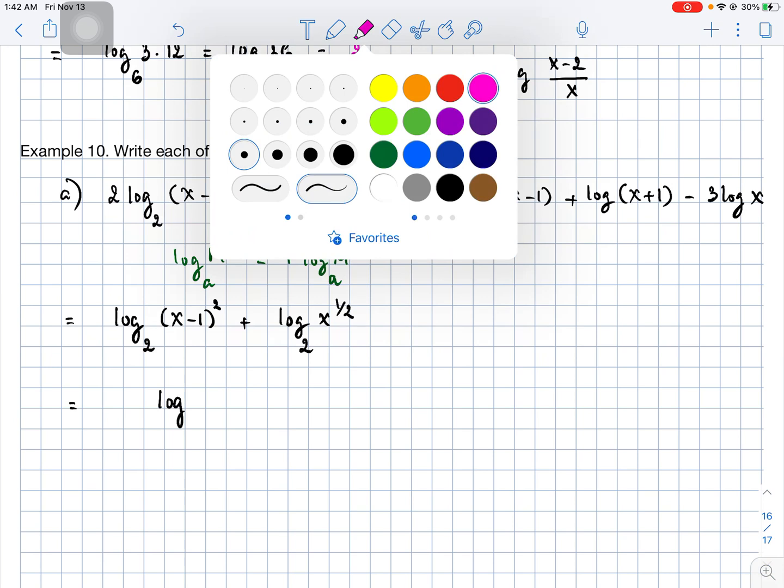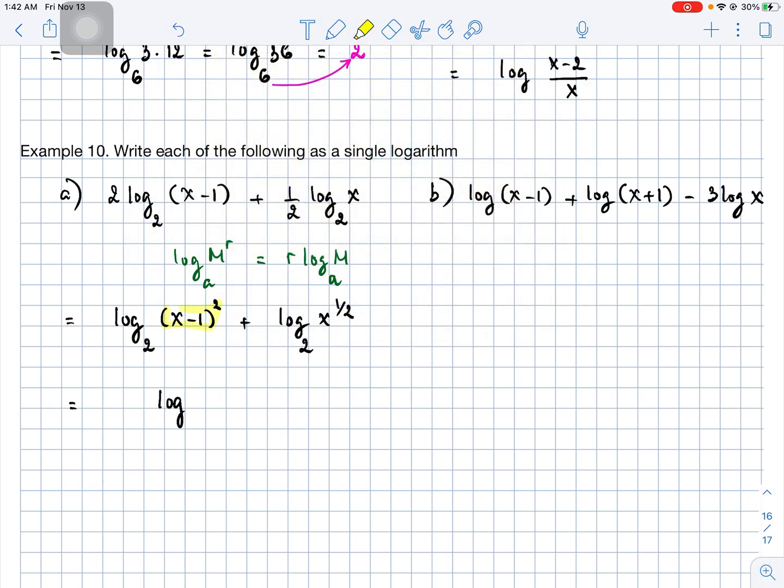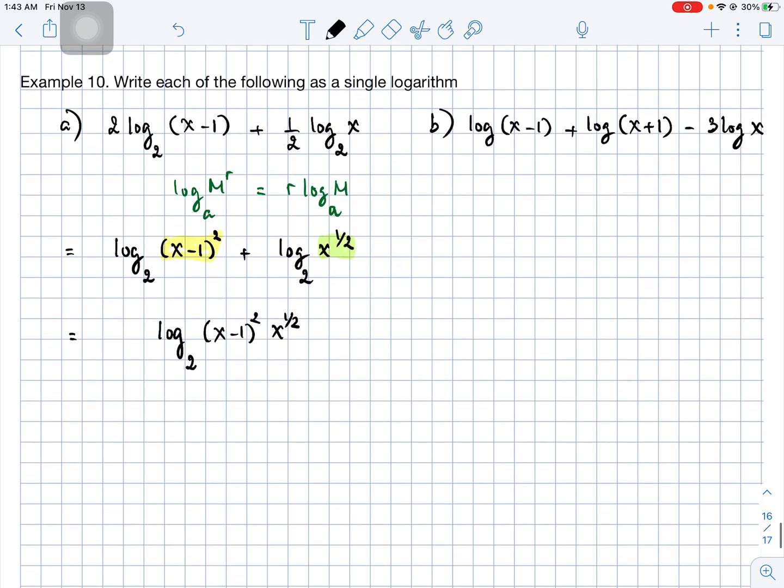So our m will be x minus 1 squared, and our n will be x to the 1/2. So we will multiply them. Or if you want, you can write it like this: log base 2 of square root of x times x minus 1 squared.